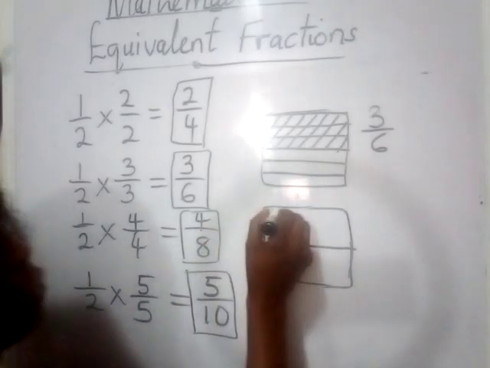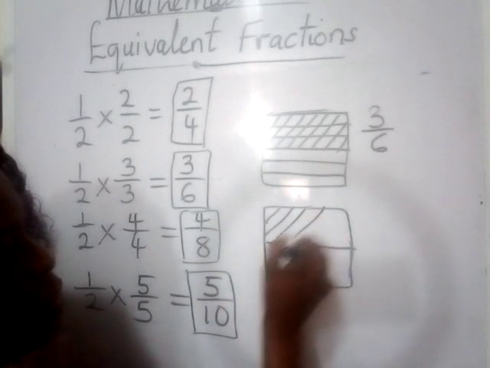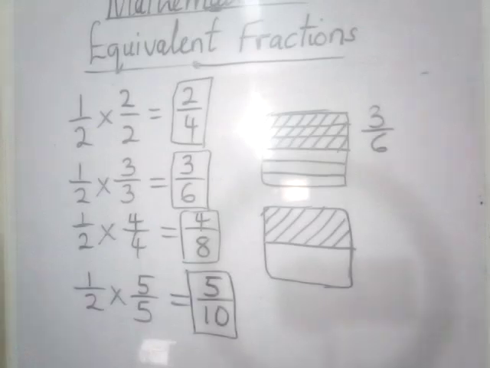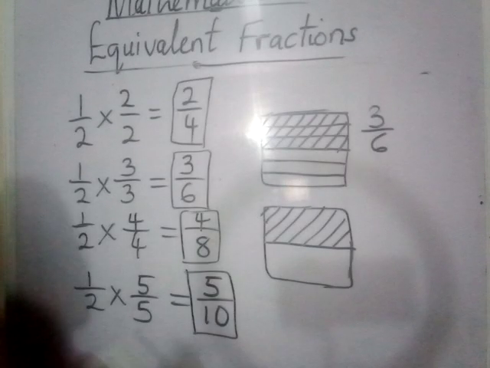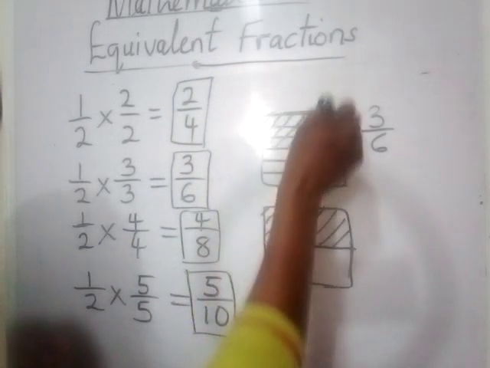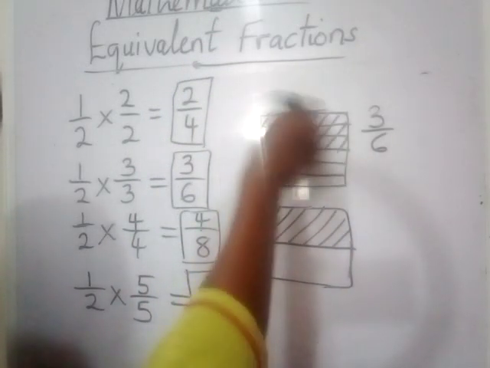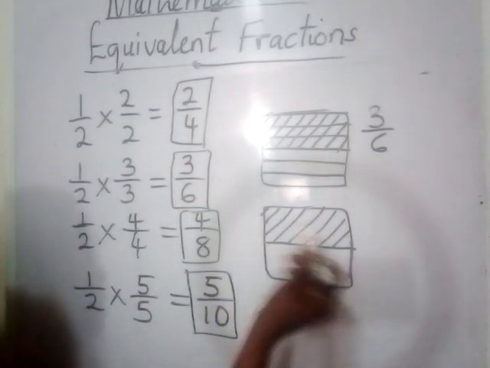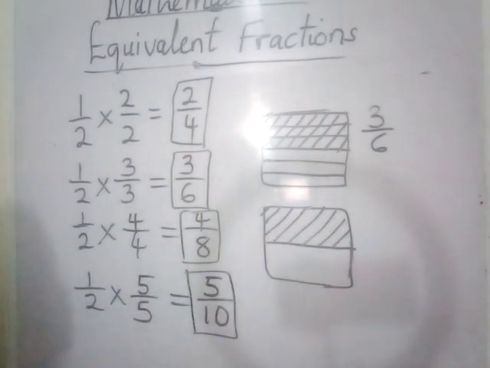And here we're taking out just 1 part. Now let's just take a look. Looking at it, you can tell that the area of this one that is 3 parts shaded is exactly the same size as this area that is just 1 part shaded.